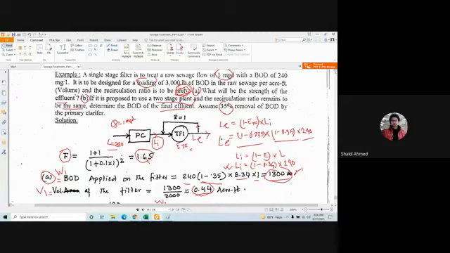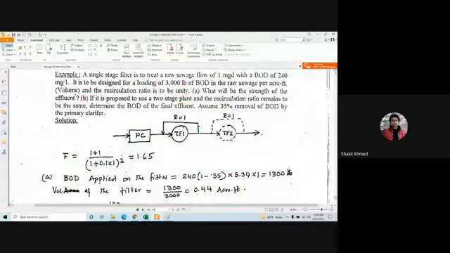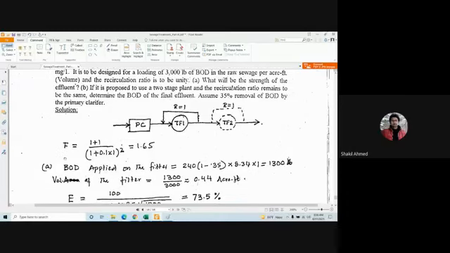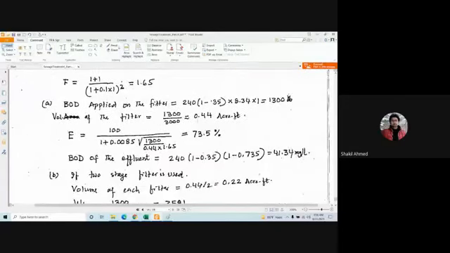In that case, you are introducing another trickling filter here. Previously it was not here. Now you have another trickling filter in B.